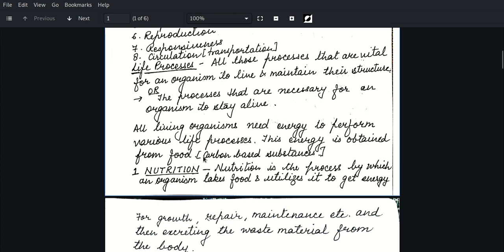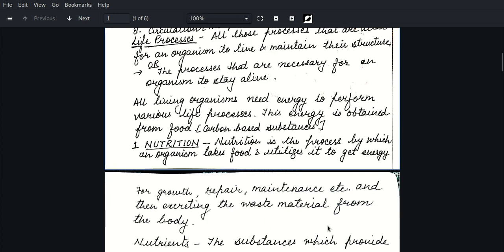How is this energy released? When food is taken in the body, it is digested, then digested food is absorbed, assimilated, then food is oxidized to release energy. This energy is utilized to maintain all life processes, and the waste is excreted out from the body.